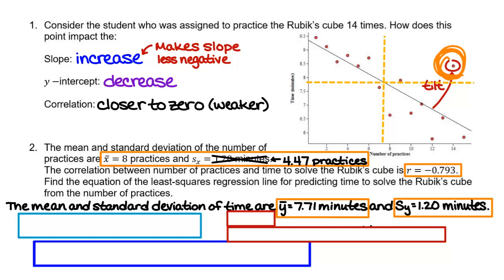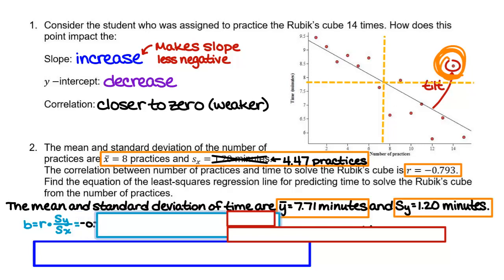All right. How do we find B? Yes, R times SY over SX. What was the R here?